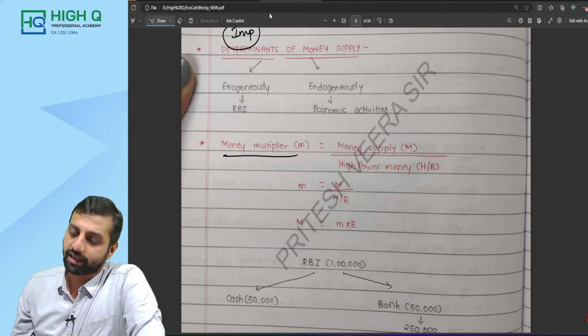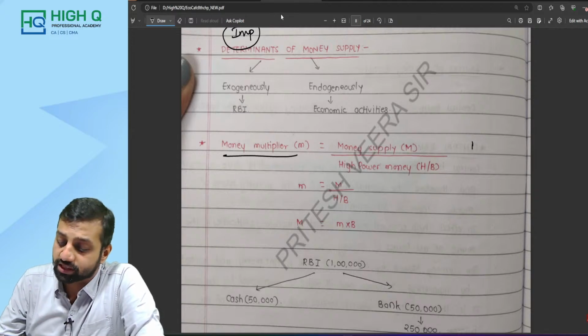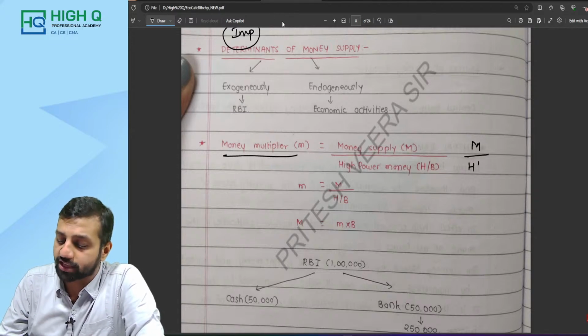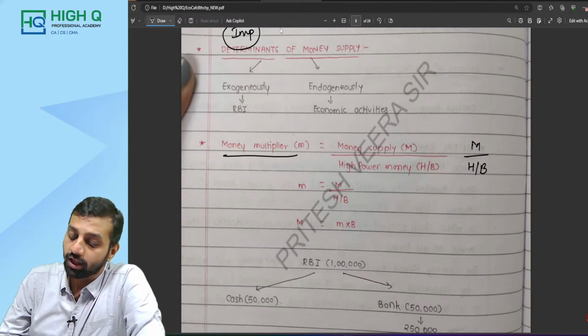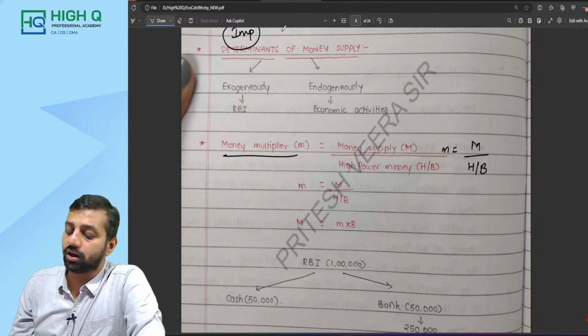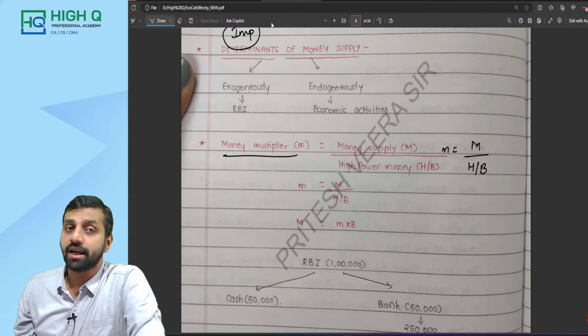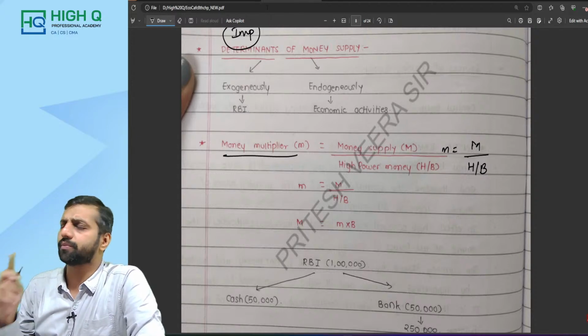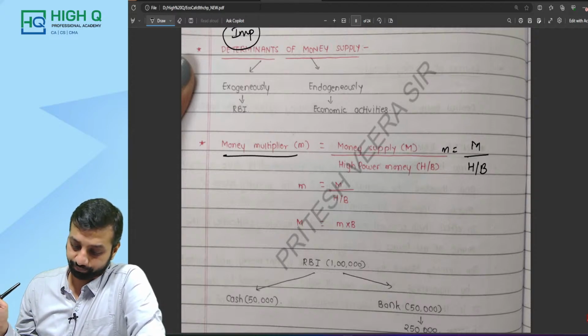So what is money multiplier? Money multiplier is money supply upon high powered money, which is written as M upon H or B. So small m is equal to money supply, big M, upon high powered money. M0 is also called high powered money, reserve money, liquid money.